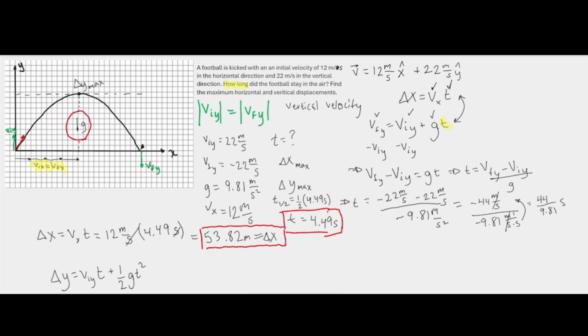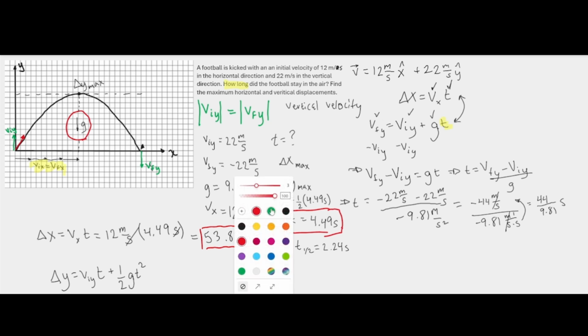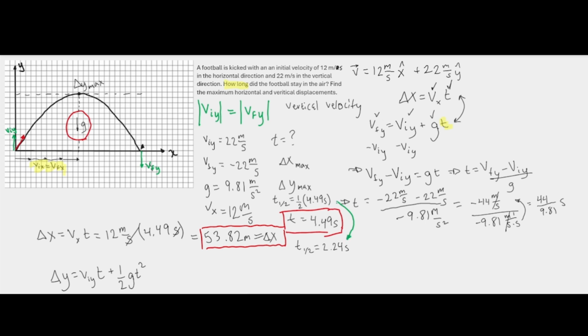So 0.5 times the value for t, and t of 1/2 becomes, rounded to 2 decimal places, 2.24 seconds. So that is just this portion up here, and I apologize, it's getting a little cramped, but it's this portion right here.